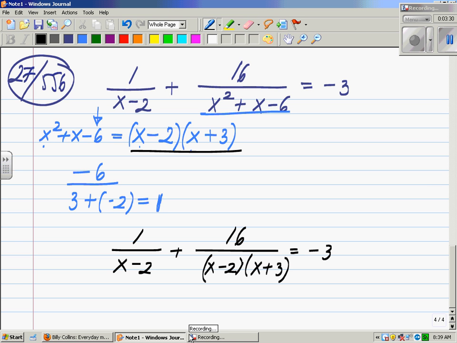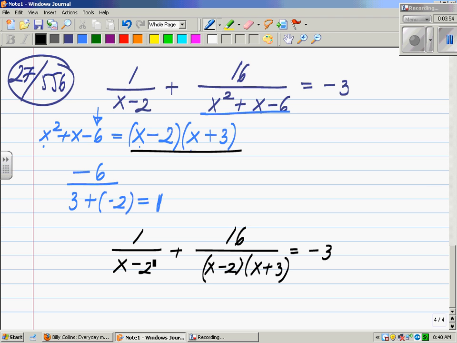Now the question is, what is the common denominator of x minus 2 and x minus 2 times x plus 3? Or not common denominator, their least common multiple will be x minus 2 times x plus 3. You see that?